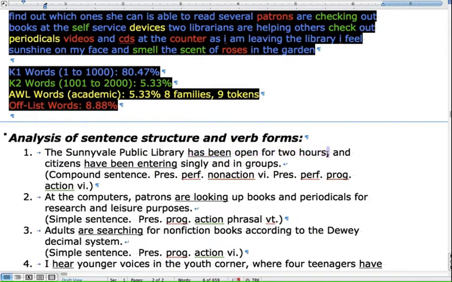Then we have a comma, the coordinating conjunction and, and the second independent clause, citizens, that's the subject, have been entering singly and in groups, that's the predicate, which includes the verb and all the other goodies.